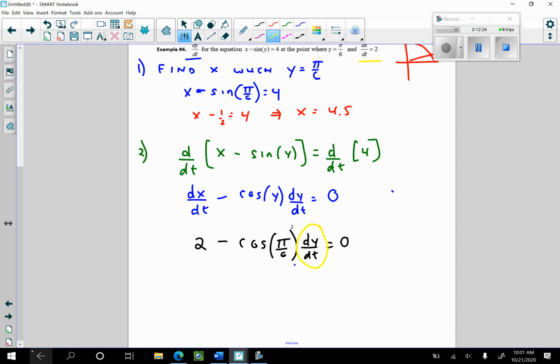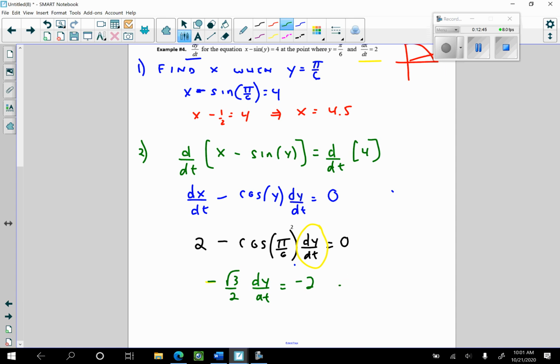So this guy is going to be negative square root of 3 over 2 times dy dt is equal to negative 2, subtracting this 2. Cosine of pi over 6 is square root of 3 over 2.